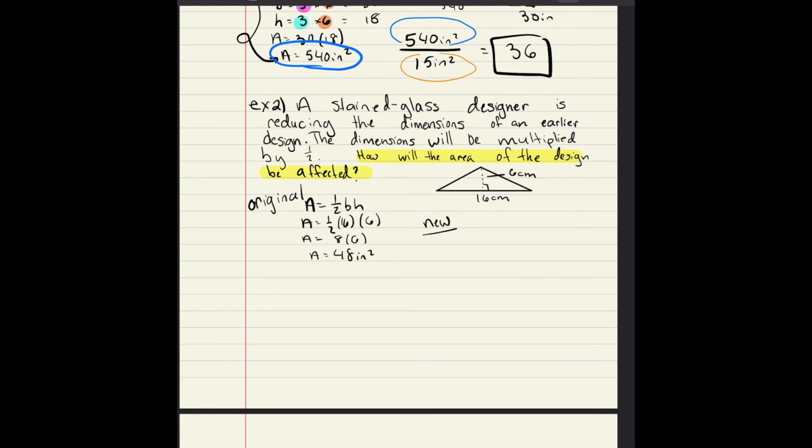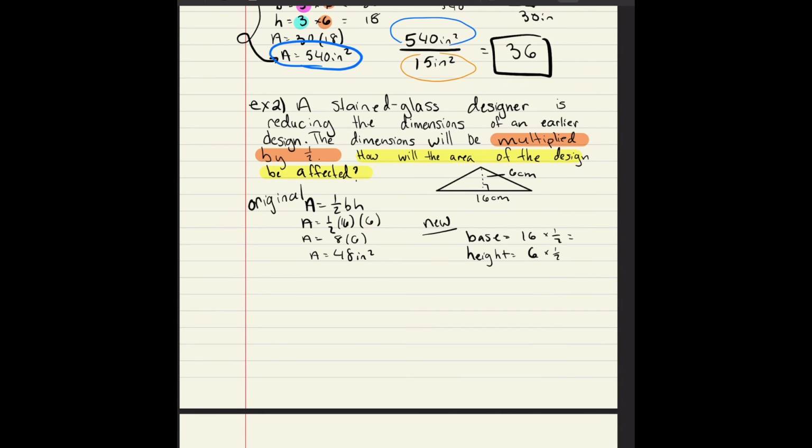Now for my new dimensions, I need to multiply by a half. So I have my base, which equals 16, and my height, which equals 6.